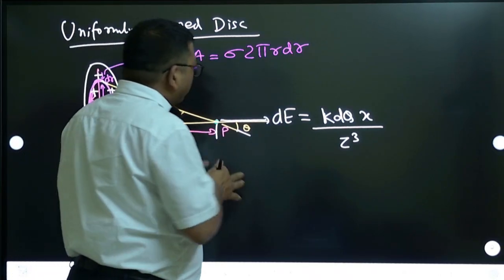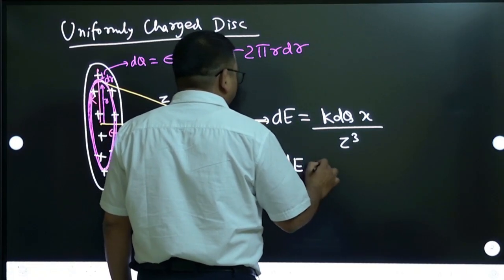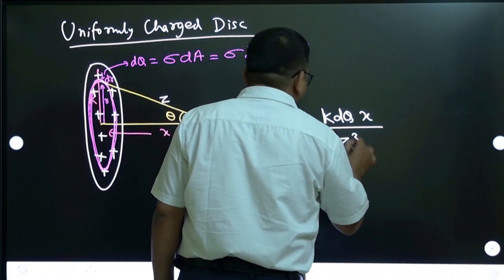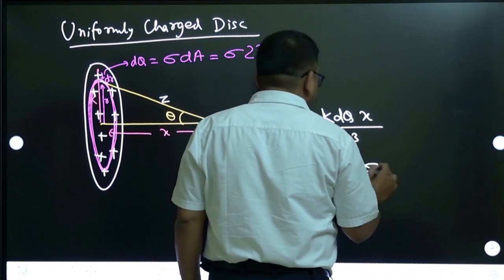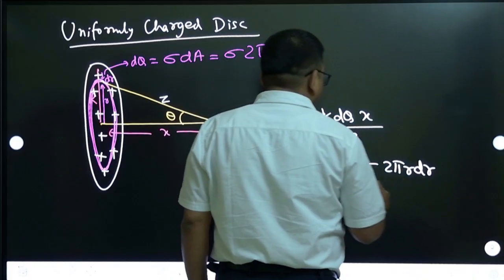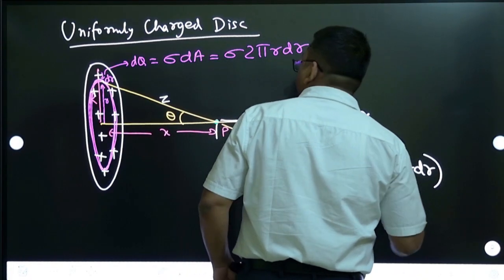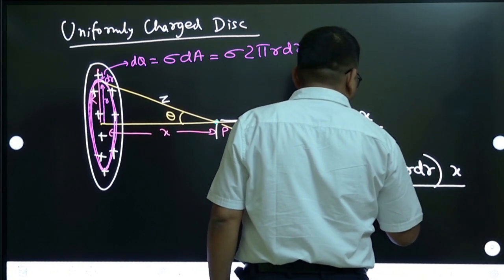And we need to calculate the net field, so we have to integrate this dE. From here you can write dq as sigma 2 pi r dr, times x divided by z cube.